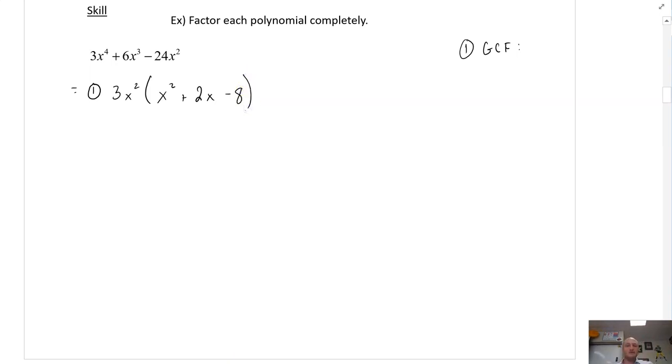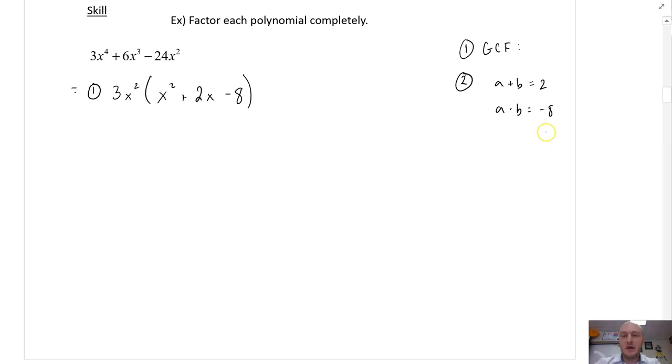Okay, so I have effectively factored out the greatest common factor. And now I want to do step 2. I want to use, what 2 factors add up to be 2, and multiply to give me negative 8.